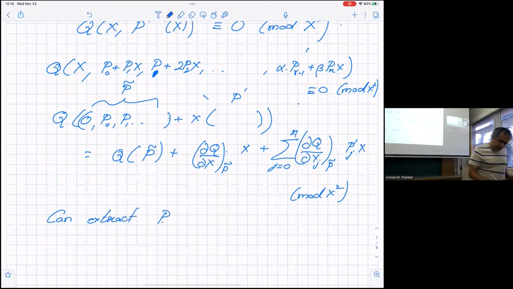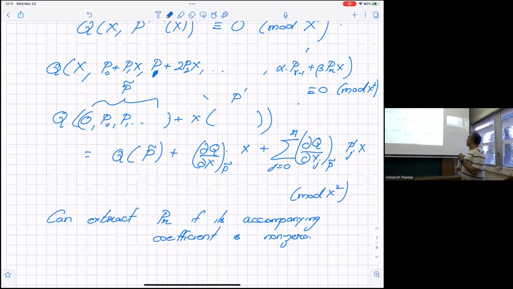We can extract PR if its accompanying coefficient is non-zero. So we need to know what that coefficient is.